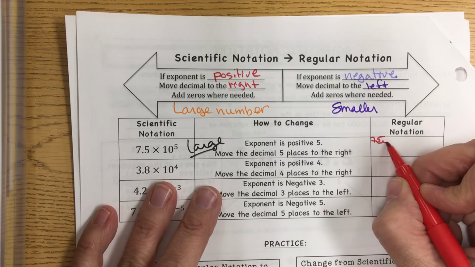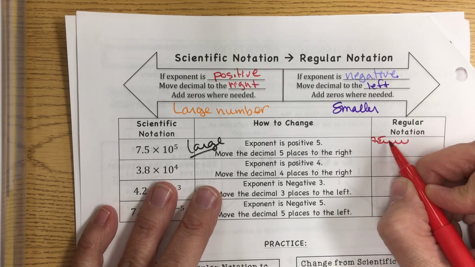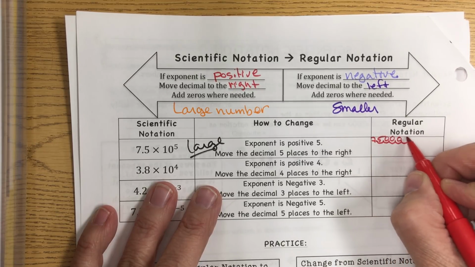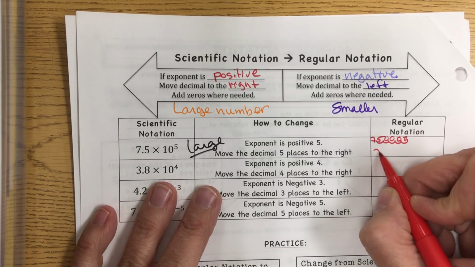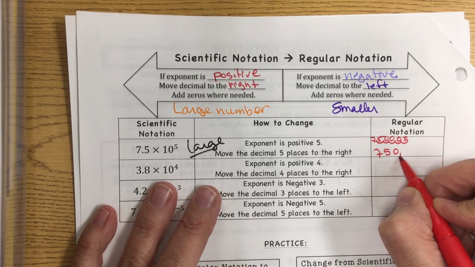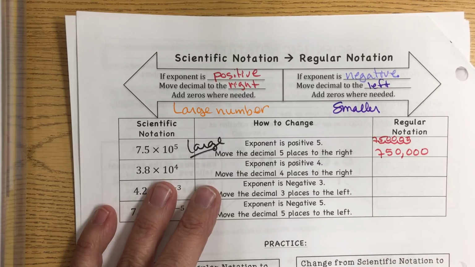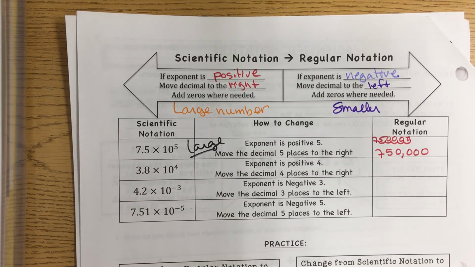So I have 1, 2, 3, 4, 5. And I put in zeros to be my placeholders. 750,000. That is my answer. Where the loop-de-loos are, that is not my answer. I need to write it out.